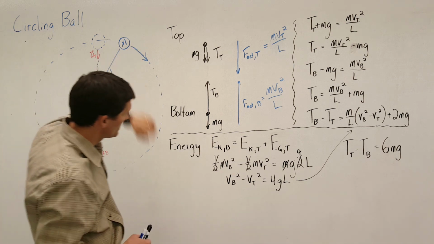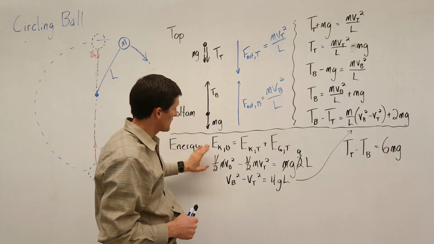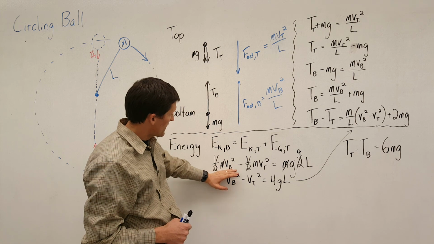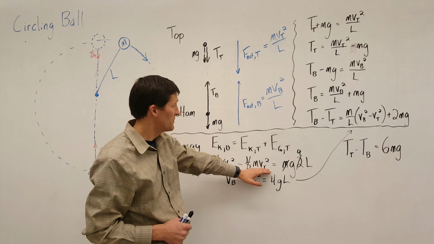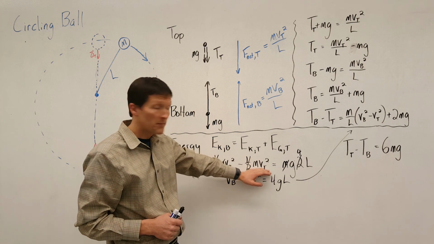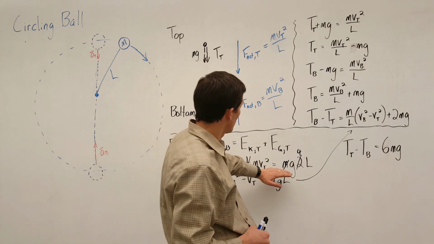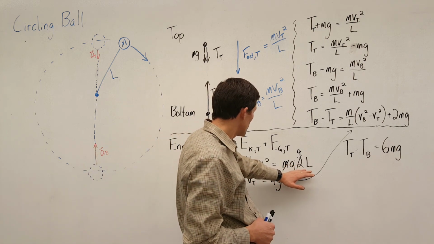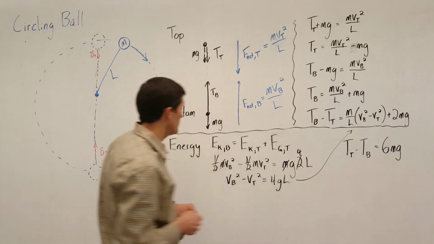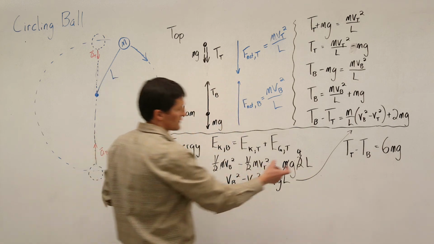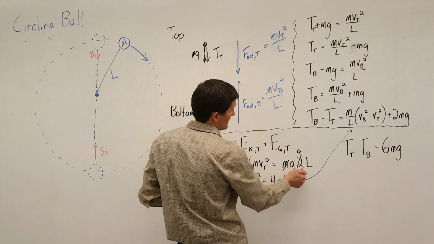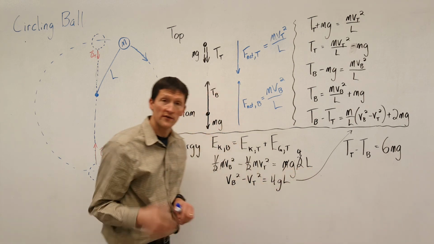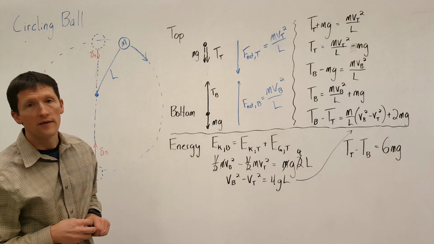Okay. So then substituting in the equation, the kinetic energy at the bottom is 1/2 m v bottom squared. The kinetic energy at the top is 1/2 m v top squared. And then the difference in kinetic energy is just going to be equal to the mass times gravity times twice the length of the string, which is how much higher it is at the top than it is at the bottom.